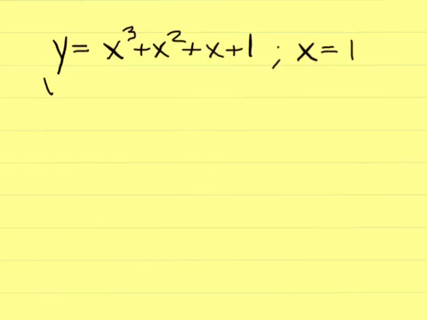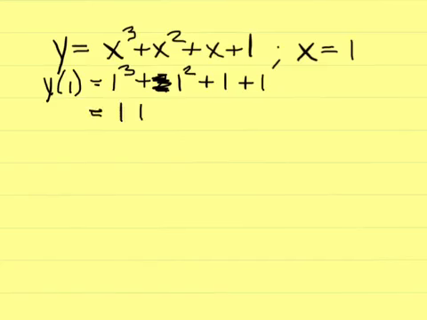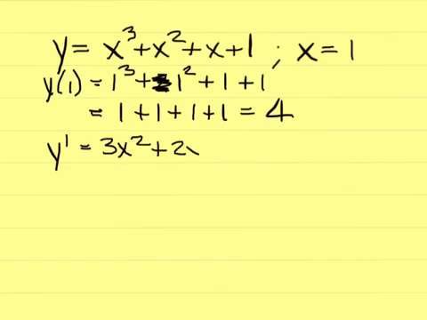On the practice problem, evaluate for y of 1 to get 1 cubed plus 1 squared plus 1 plus 1. So that's 1 plus 1 plus 1 plus 1, which is 4. Now we need y prime, which is 3x squared plus 2x plus 1, and this one drops off.